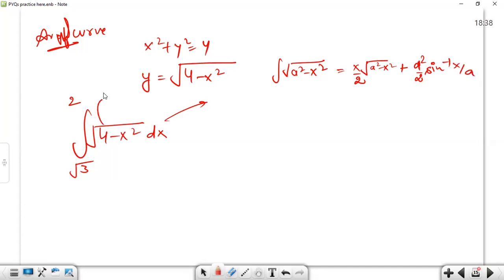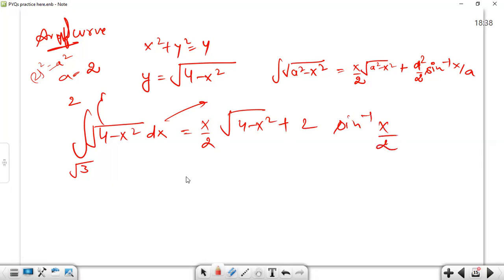Here a is 2, because 4 can be written as 2 square. So it becomes x by 2 into the square root of 4 minus x square, plus 4 by 2 into sine inverse of x by 2. This is our integration.